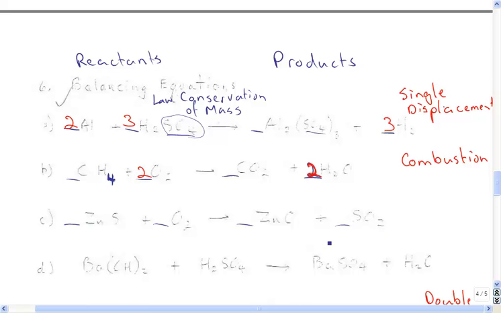We always have 2 oxygens here, but this one here I can have 1, 2, 3, whatever I multiply this. This has to be an even number to make this even. So how about let's try that. Let's make this 2 and see where this gets us. So I've got 2 zinc oxides.